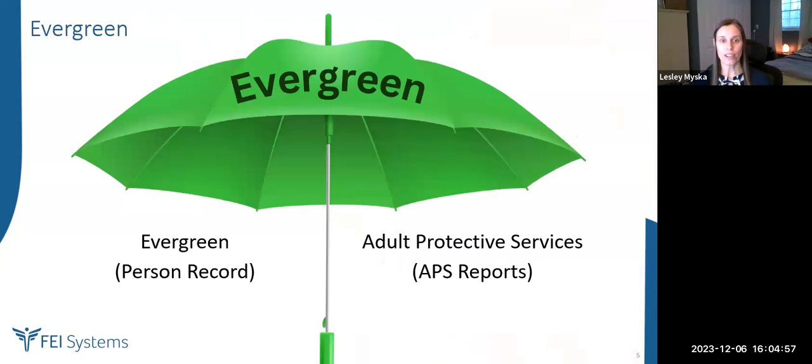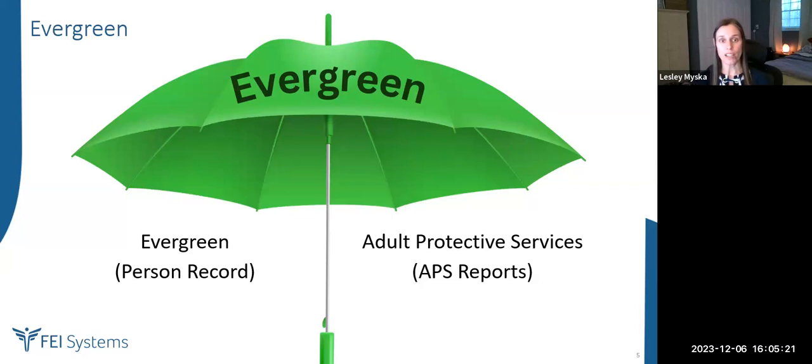There are 2 different sections of the Evergreen system. It is a shared system with our adult protective services and guardianship conservatorship programs. So there's an adult protective services side of the system where APS reports are captured. And then there's the Evergreen side of the system, which is where we're going to focus our training today. The Evergreen side of the system has the person record.